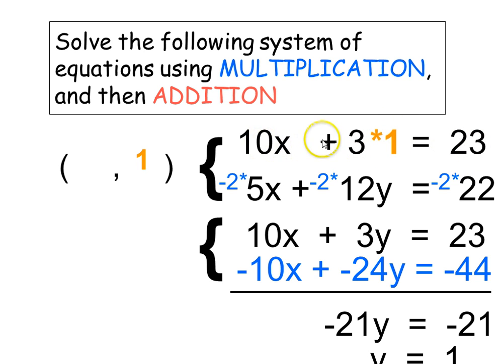So what plus 3 is 23? 20. We want this 10x to be equal to 20. And if 10x is equal to 20, x has got to be equal to 2. So our x value is 2, and the solution to the system is x equals 2, y equals 1. And you can write that as x equals 2 and y equals 1, or as an ordered pair, as we see here.